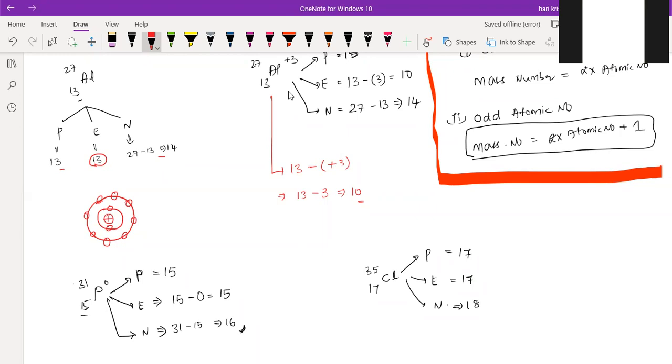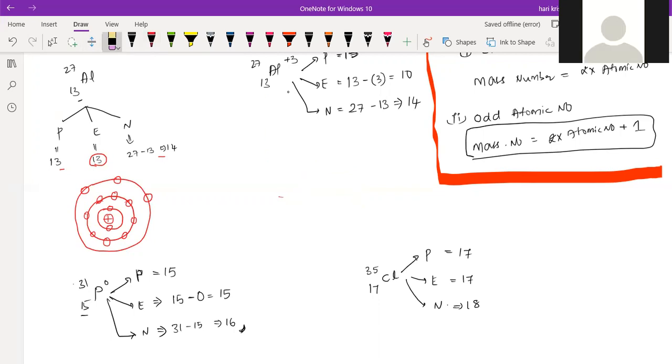After giving 8 plus 2, 10 electrons, we still have 3 more electrons left. So we'll give 3 more electrons to the M shell. Understand? Yes. Clear? Any doubts?